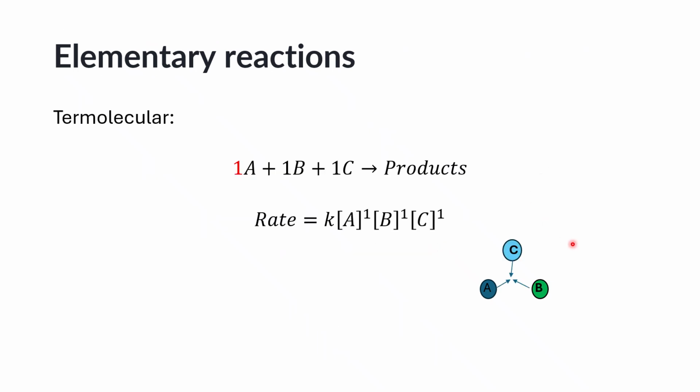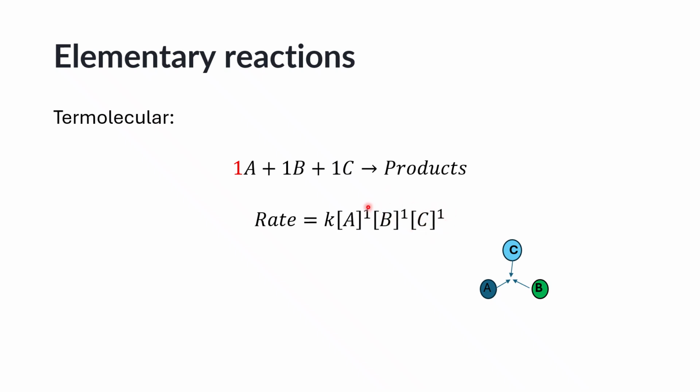In addition to unimolecular and bimolecular reactions, we have termolecular reactions, which involve 3 different reactants. So 1 A reacts with 1 B and 1 C to give the product, and the rate equation is equal to k multiplied by the concentration of A to the power of 1, multiplied by the concentration of B to the power of 1, multiplied by the concentration of C to the power of 1.